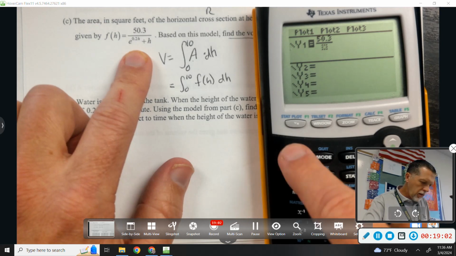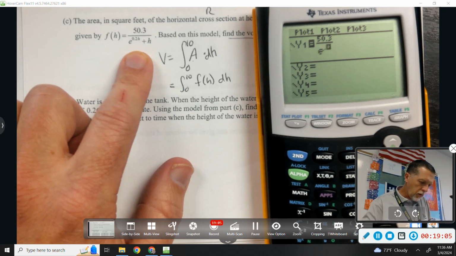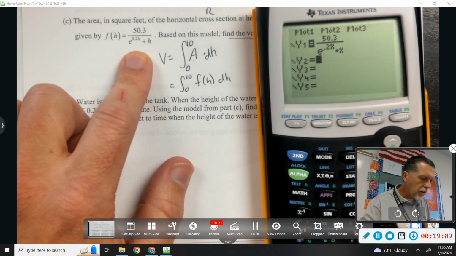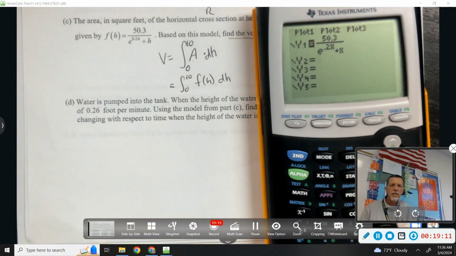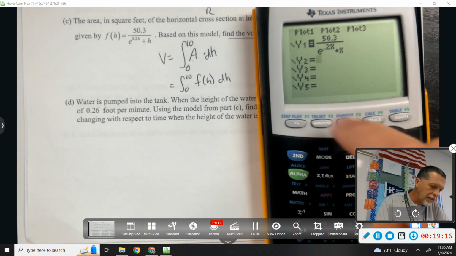50.3 over e to the 0.2x plus x. It's a weird looking function. I suppose I could graph it, but I really don't even want to.